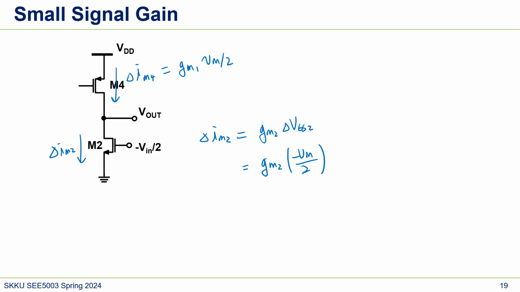So we got this change, and let's assume GM1 is GM2.